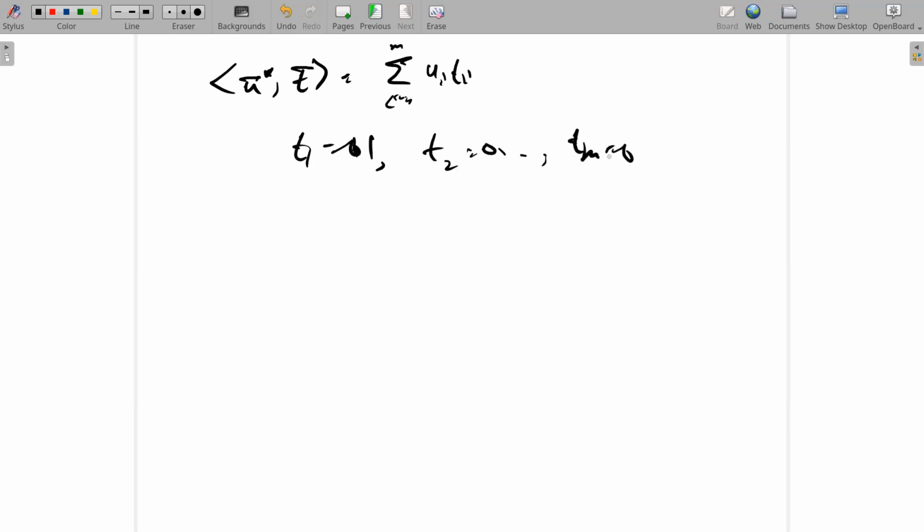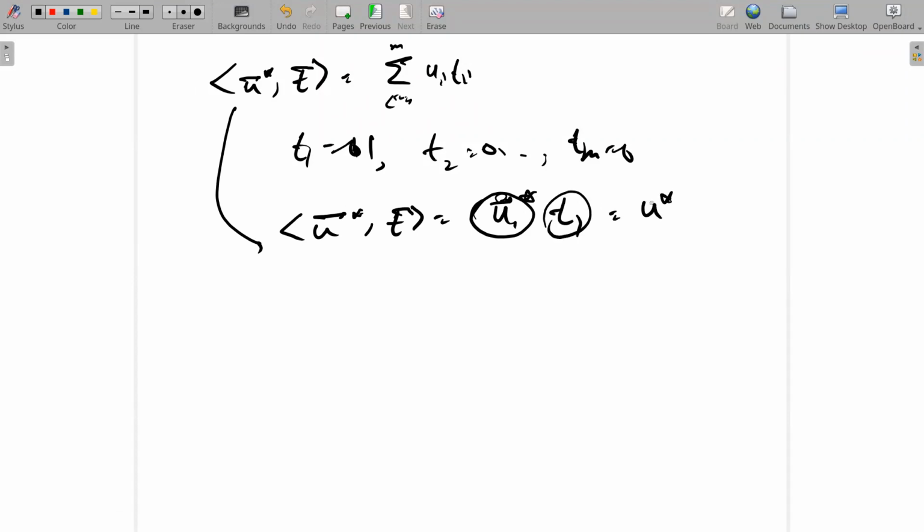That means you are not changing the amount of resources 2, 3, up to m, but you are increasing the amount of resource 1. Then this quantity is nothing but u1, the value of the first dual variable corresponding to this optimal solution. So u1 star times t1, which is 1, gives u1 star.